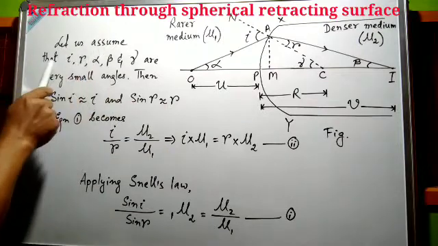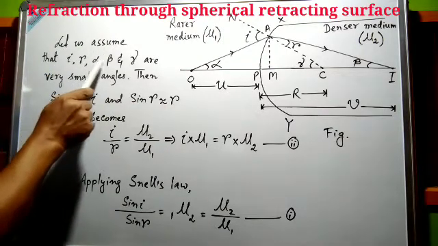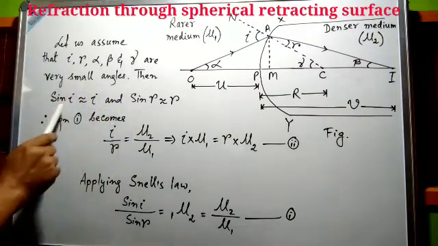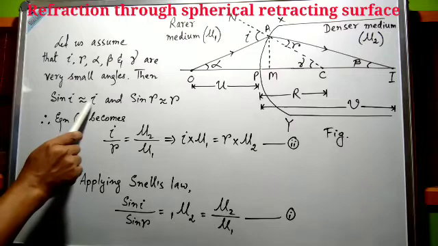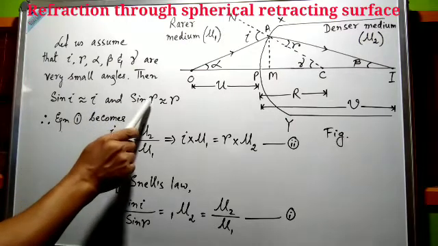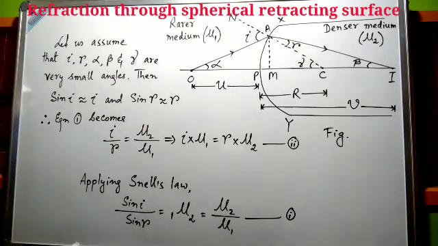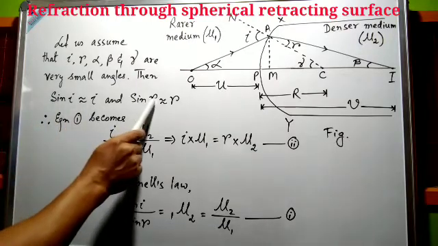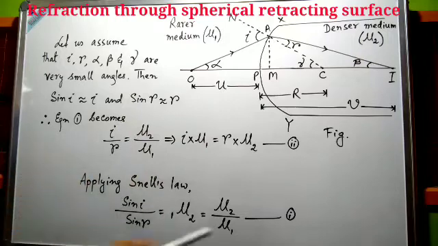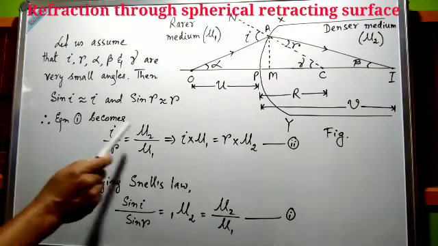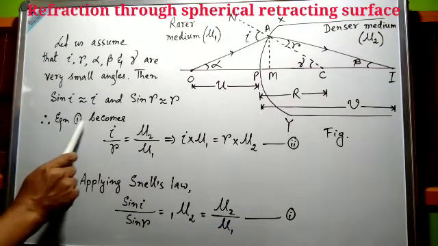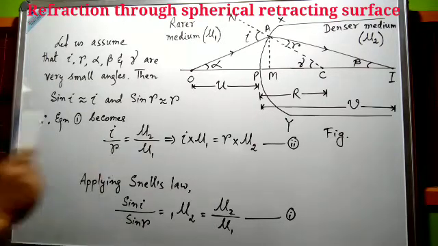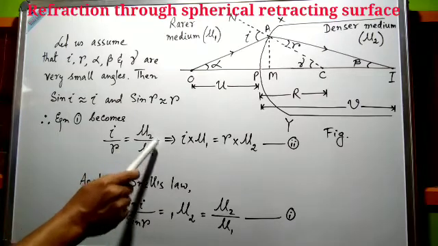Let us assume that I, R, alpha, beta and gamma are very small angles. Then sine I is approximately equal to I, and sine r is approximately equal to r. Therefore equation 1 becomes sine I by sine r, that is I by r, equal to mu 2 by mu 1.